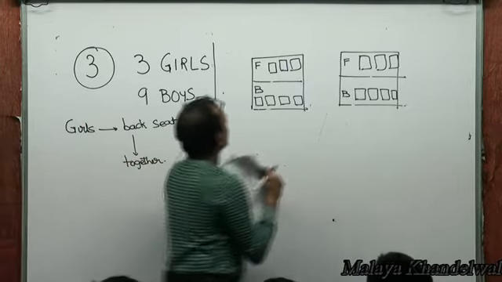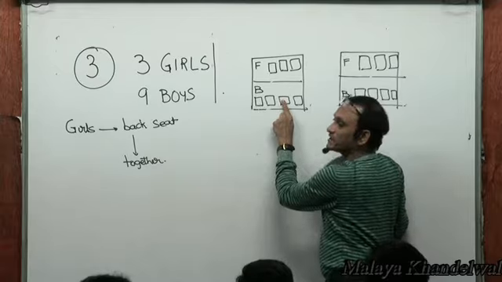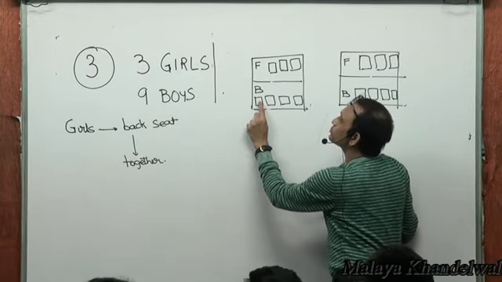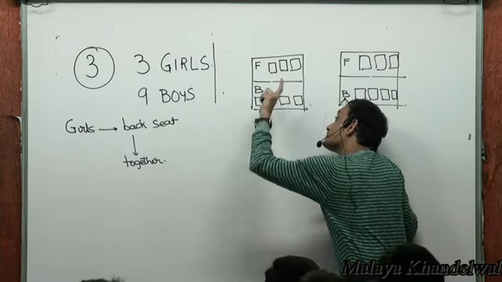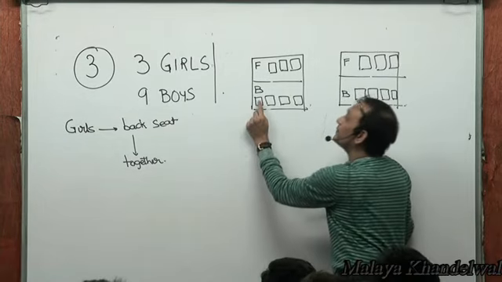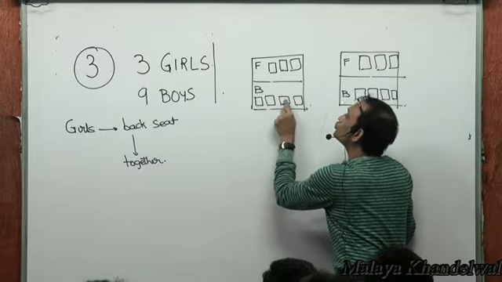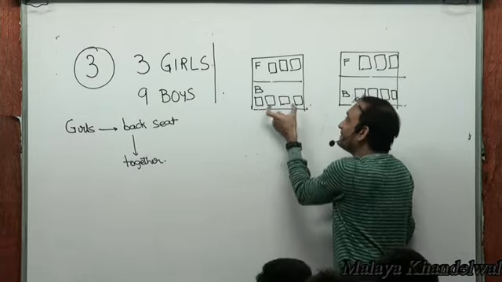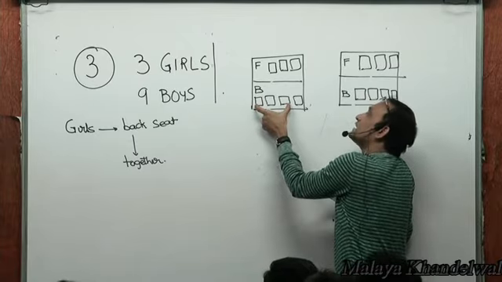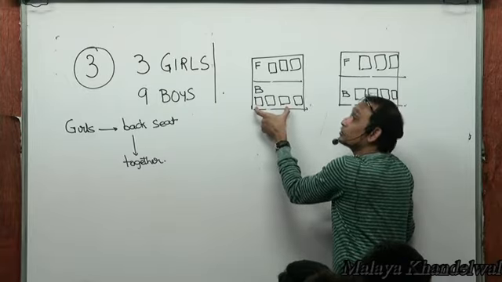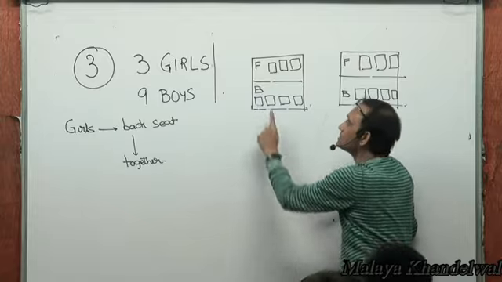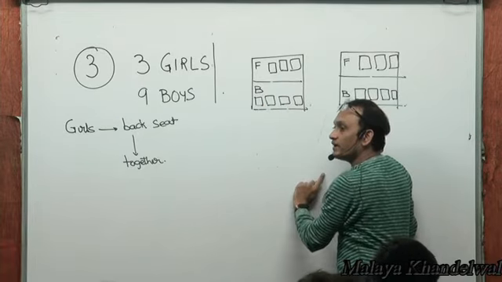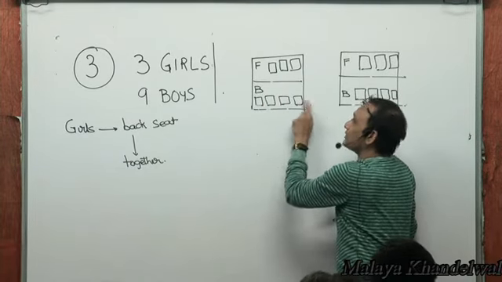That means, if these are 4 slots, for example, in this van, the 3 girls could be placed in 2 ways. The 2 ways of selecting 3 slots could be 1, 2, 3 or 2, 3, 4. And then the 3 girls in a given selection of 3 slots could be permuted in 3 factorial ways, right? So first you will select 3 slots for the 3 girls. 1, 2, 3, that's one way. 2, 3, 4, that's another way.